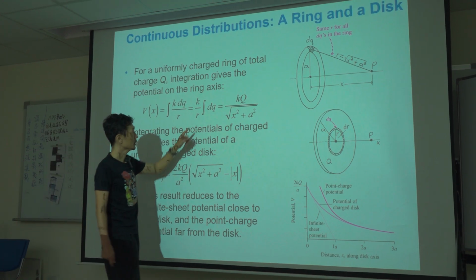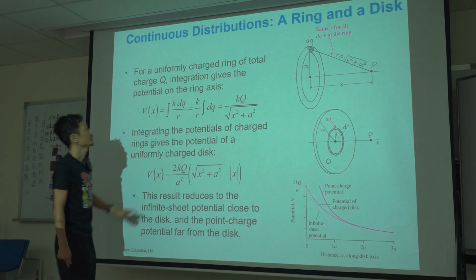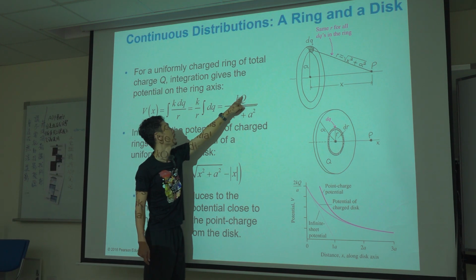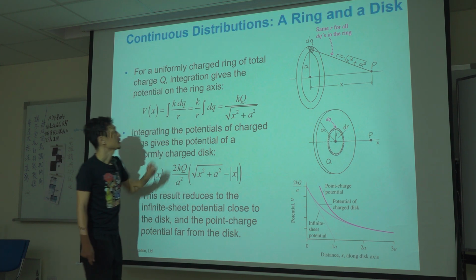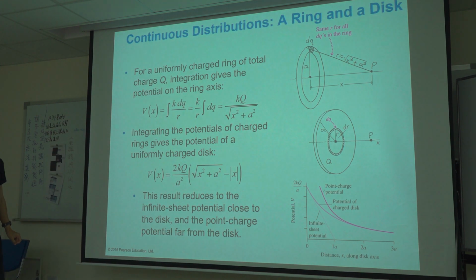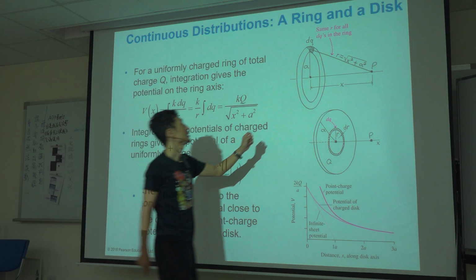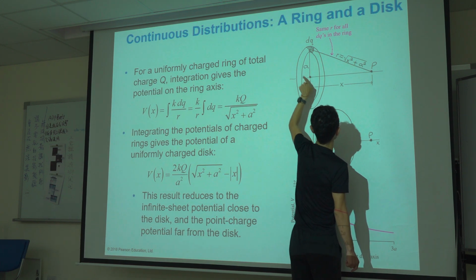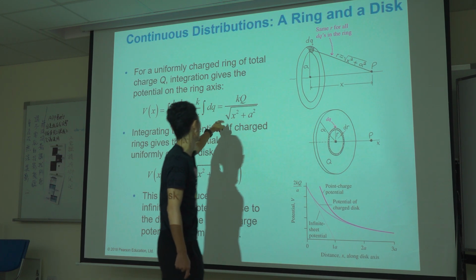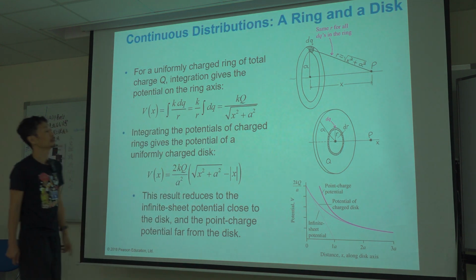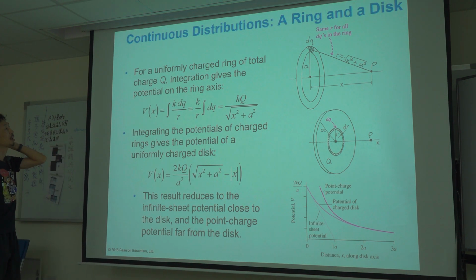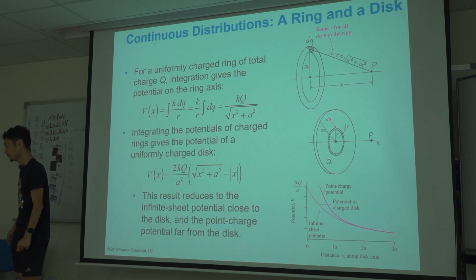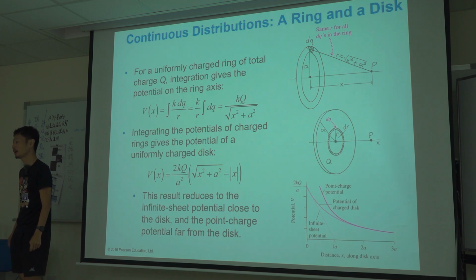Then if you just integrate dq, it's just large Q. And r is the square root of x squared plus a squared, where a is the radius and x is the distance. So the potential is kQ over the square root of x squared plus a squared. Does this make sense? It's easy, right? It's just integration.